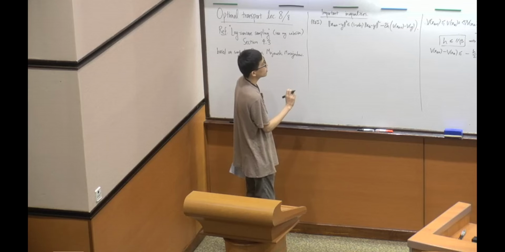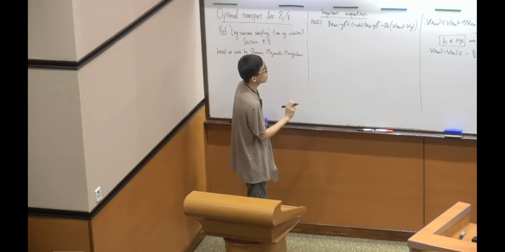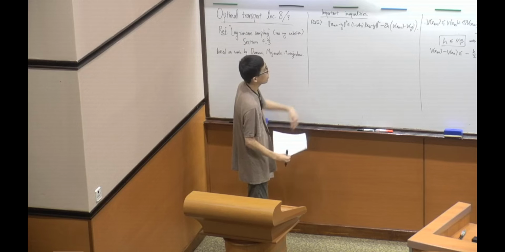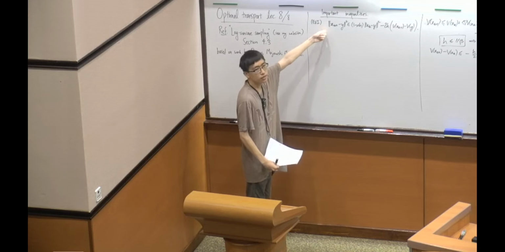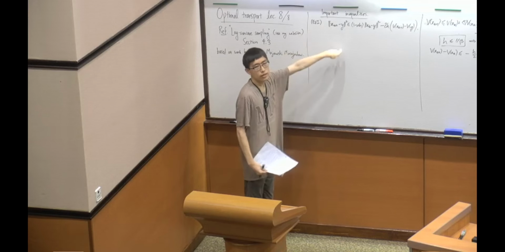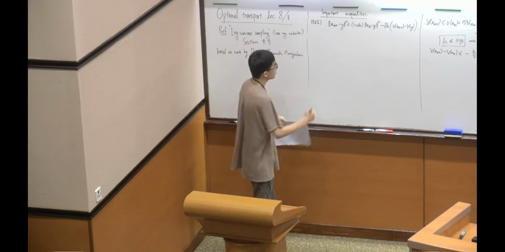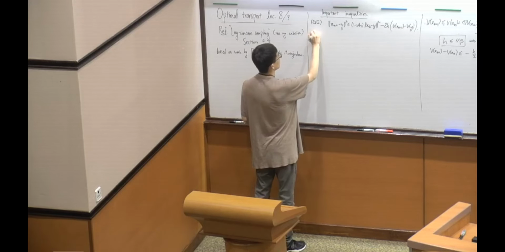Okay, so what we're going to do in sampling is we're going to show that the Langevin Monte Carlo algorithm satisfies this kind of inequality, but with an extra error term. So let me write out what this inequality is.